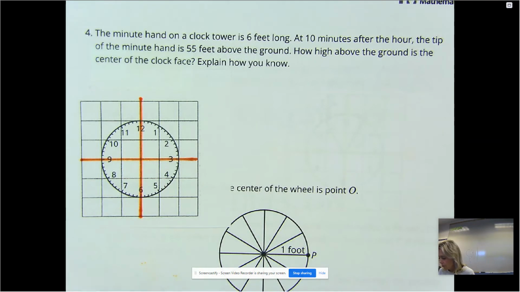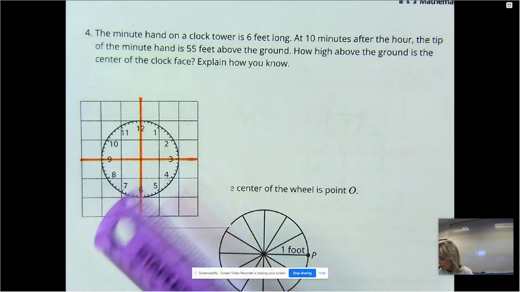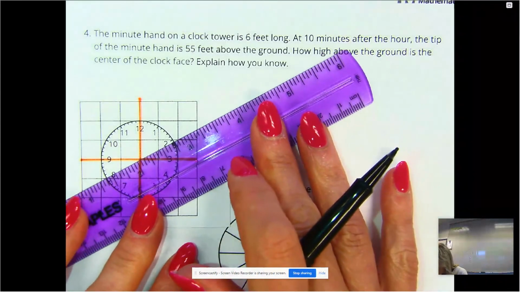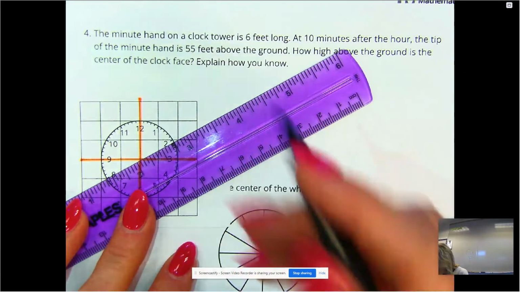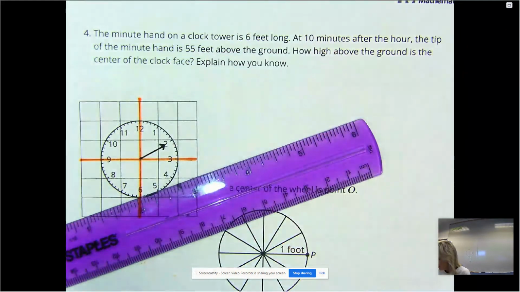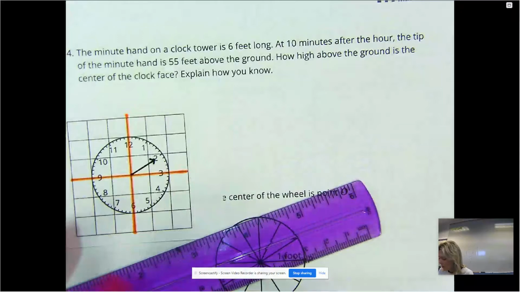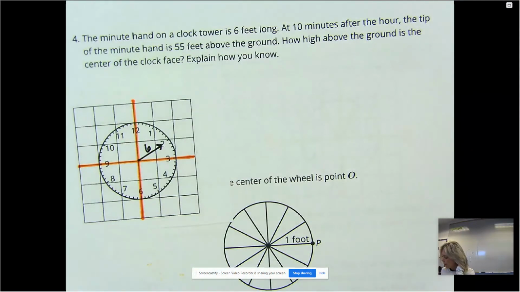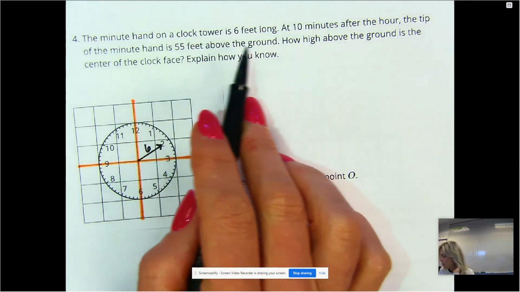At 10 minutes after the hour, so 10 minutes after the hour is when this is pointing at the 2. So the minute hand is pointing at the 2. And the minute hand is 6 feet long, so this is 6. Okay, the minute hand on a clock tower is 6 feet long.